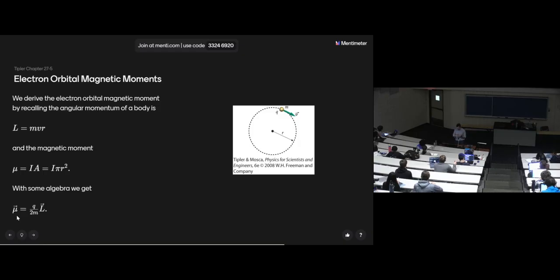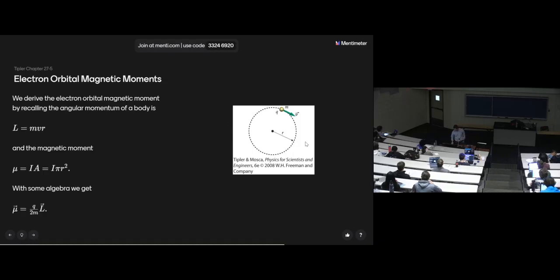The only problem is that when you take quantum mechanics into its full package, you have to realize that the angular momentum is quantized, therefore the magnetic moment is also quantized. But as far as this charged particle, the electron orbiting the nucleus, there is going to be an associated magnetic moment.